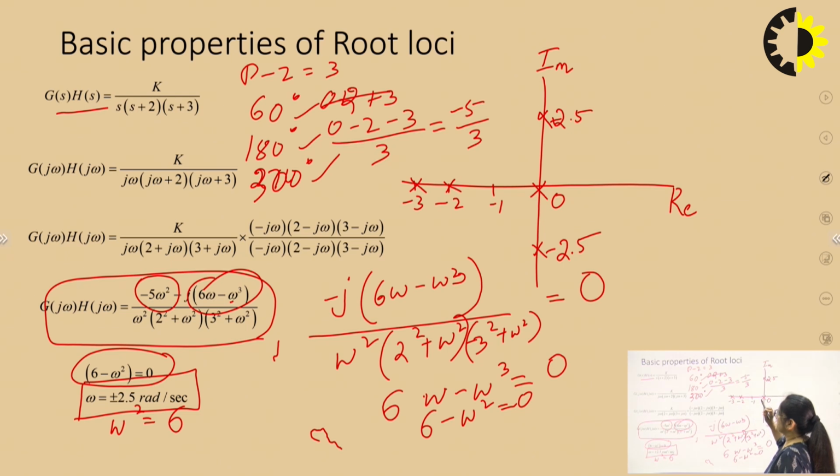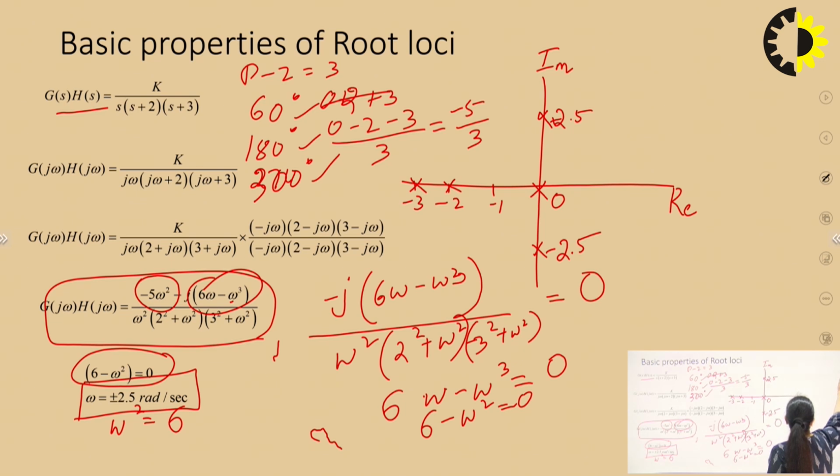So this property tells us if any root locus is tending towards infinity and if it is cutting the imaginary axis, then it will cut the imaginary axis both on the positive and the negative part of the imaginary axis, as root locus is symmetrical about the real axis.